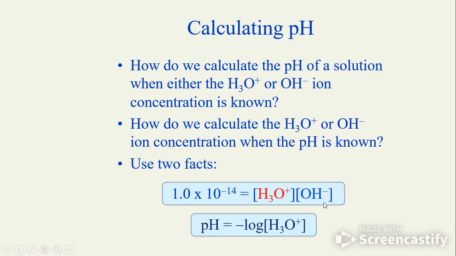We use these two formulas. If you are given the OH, you can calculate the hydronium, and if you are given the hydronium, you can calculate the pH. So whatever they give you, you can always find the hydronium to find the pH.